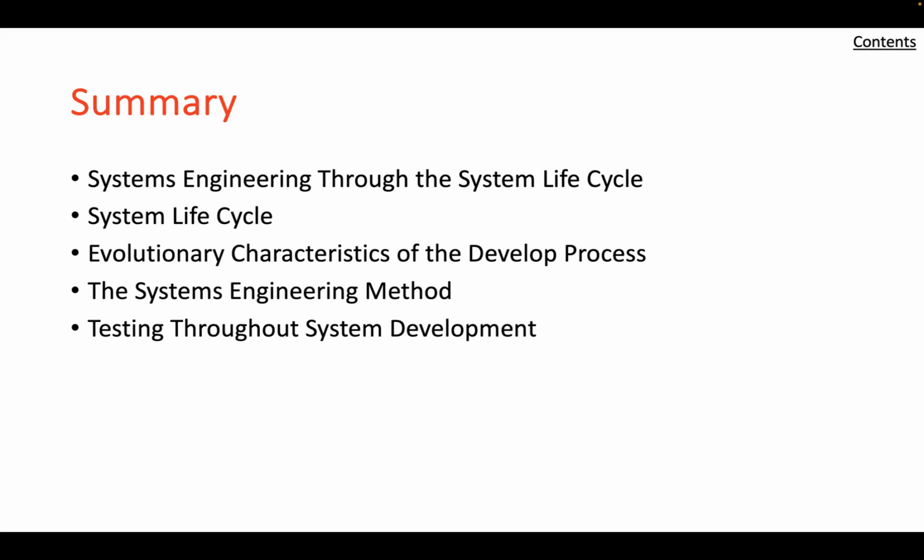The system lifecycle may be defined into three major stages. First, the concept development. The system engineering establishes the system need, explores feasible concepts, and selects a preferred system concept. The concept development stage may be further subdivided into three phases.